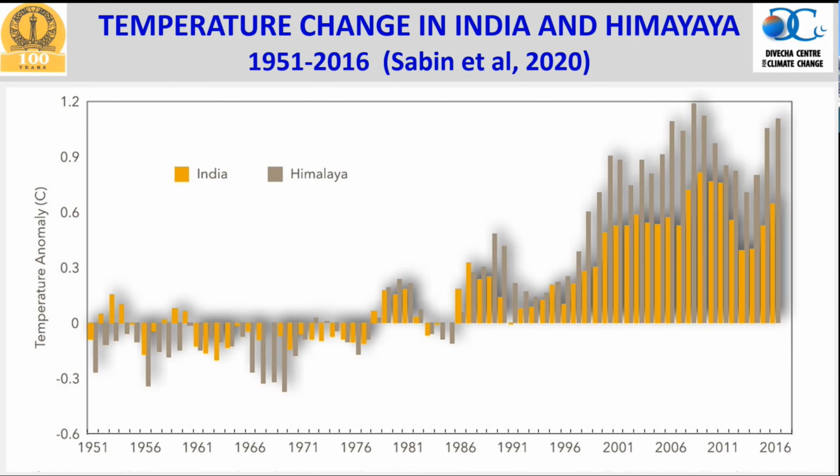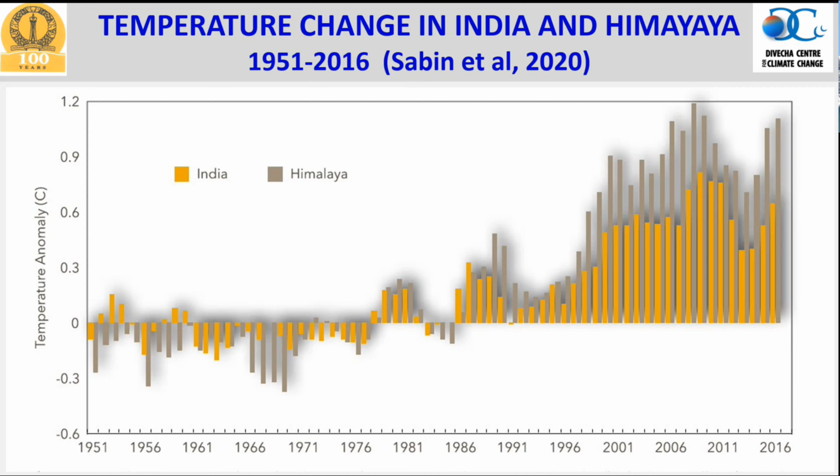We also know that Himalayan cryosphere or Himalayan region is rising in temperature much more than the global mean, or for that matter, the mean temperature rise of the Indian peninsular part.